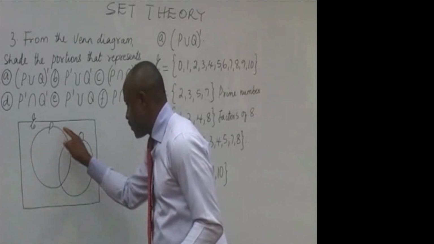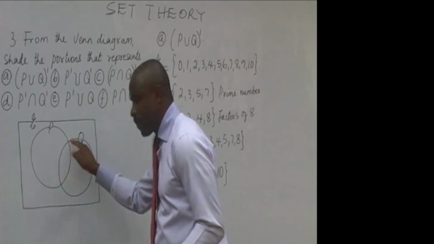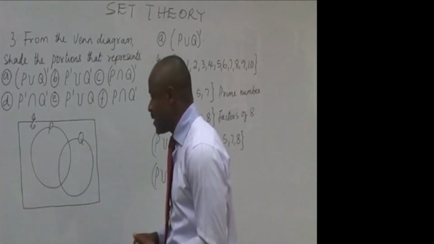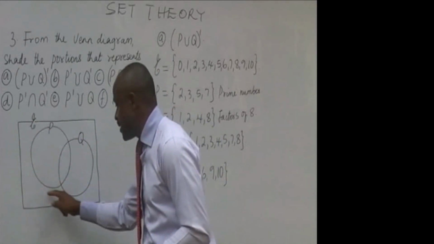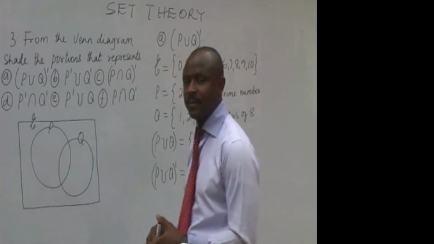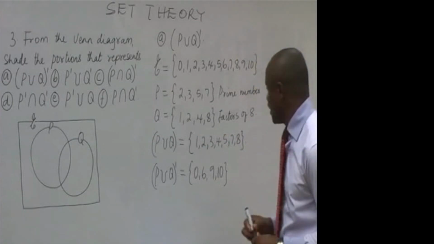All these circles. So universal set minus P union Q is shading all these sides and avoiding P union Q. Have you got the idea?